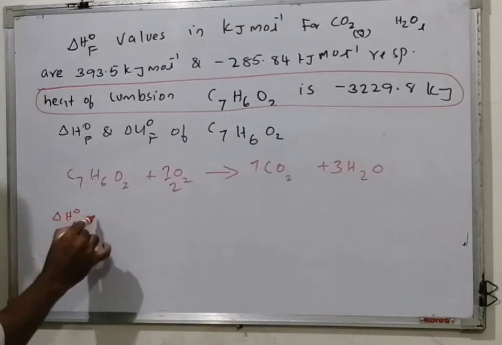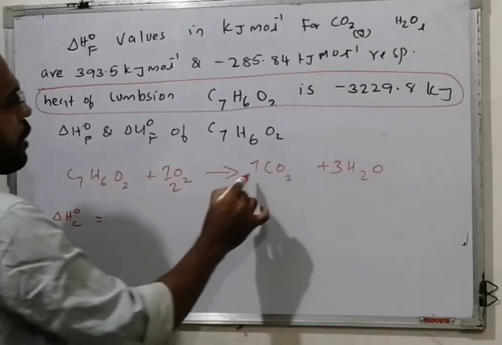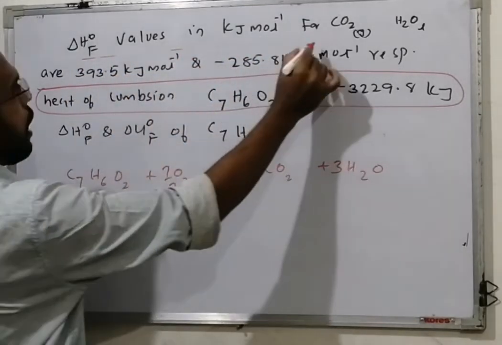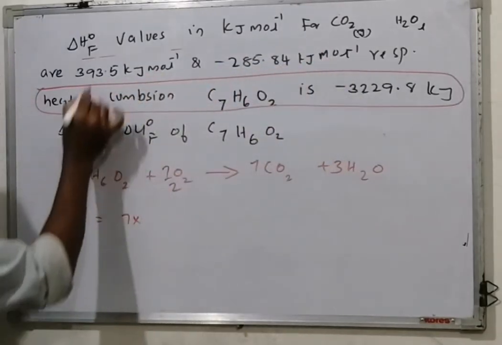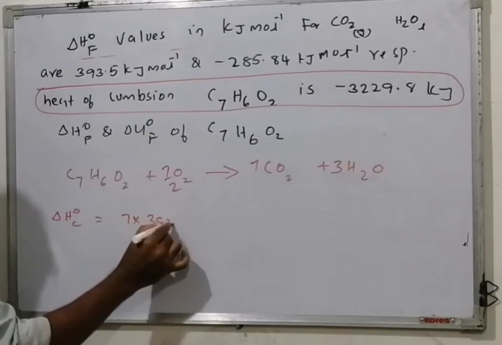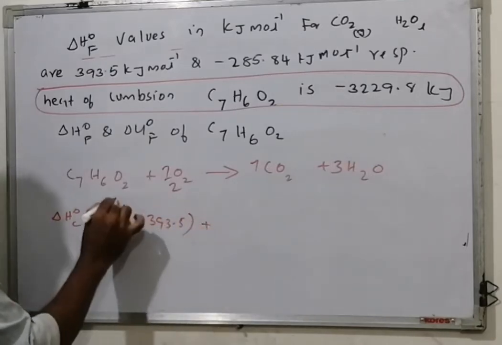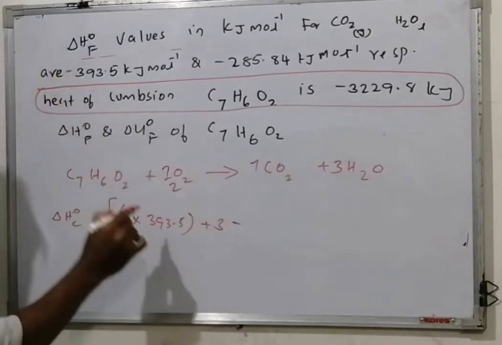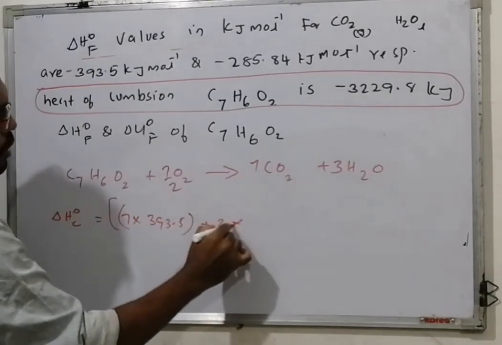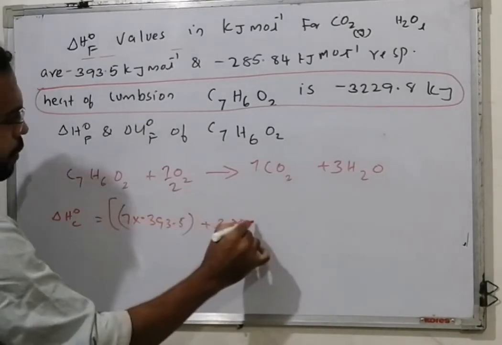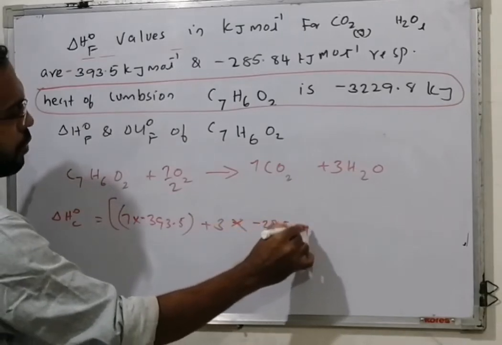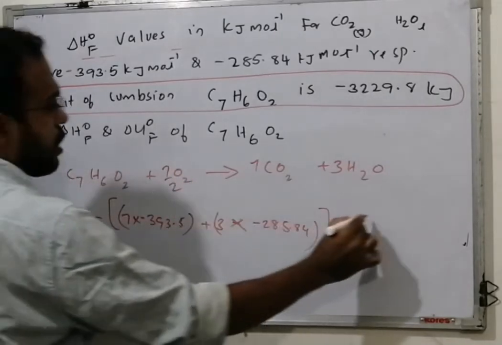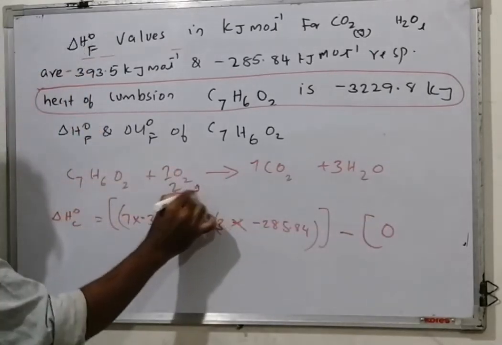Delta H0 combustion or enthalpy of reaction is equal to, in terms of enthalpy of formation, 7 into, for carbon dioxide, minus 393.5 plus 3 into, here a minus sign, 285.84, minus, reactant side, this is 0, because it's an element, gas.